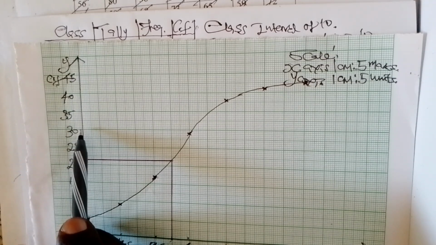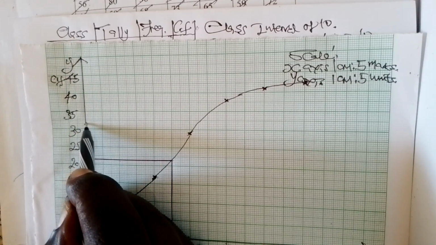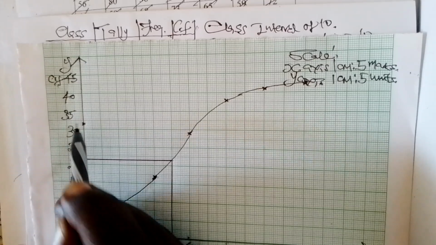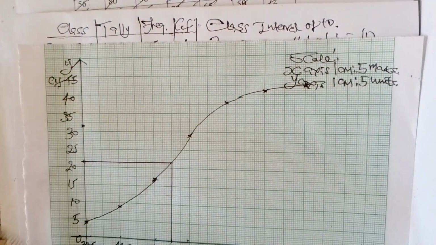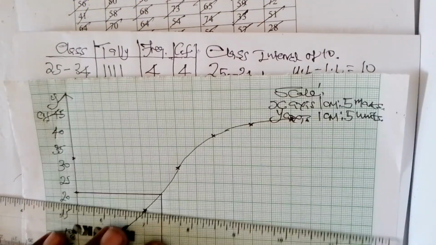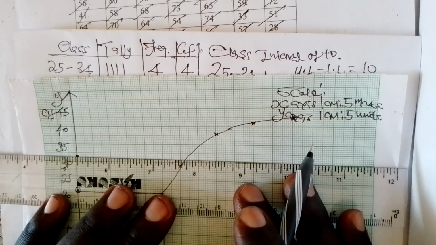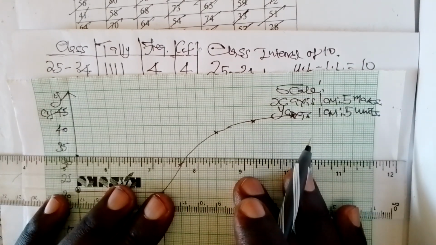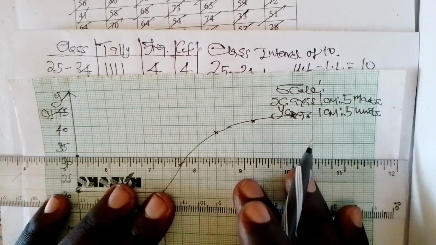So again we come and identify 3 small squares, it will be up here, and then using our ruler we again draw a horizontal line to cut our graph at a point.